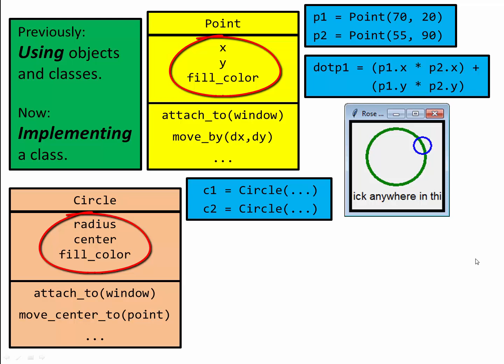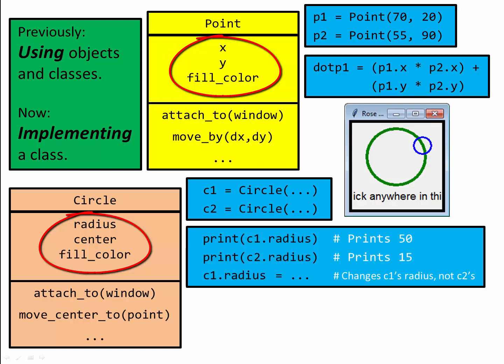But p1.x means p1's x value, and p2.x means p2's x value. Same names for the instance variables, but different values for them when they are associated with different objects. Another example, all circle objects share the name radius as the name of its radius, but each circle has its own value for its radius instance variable.